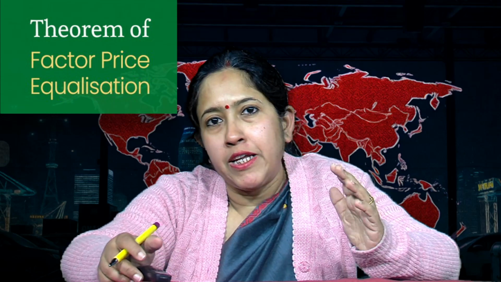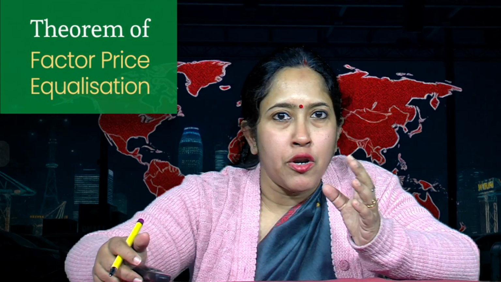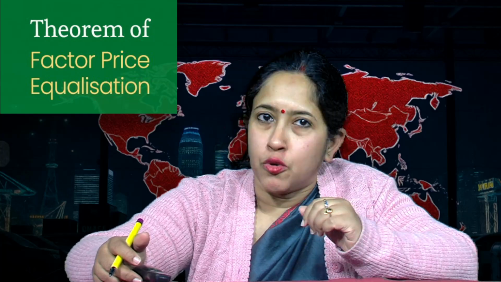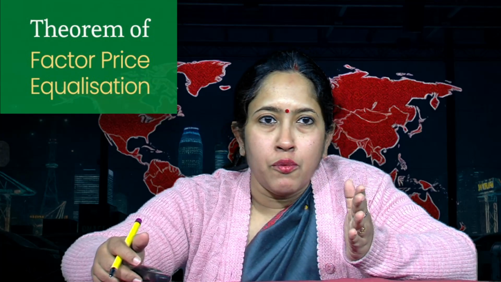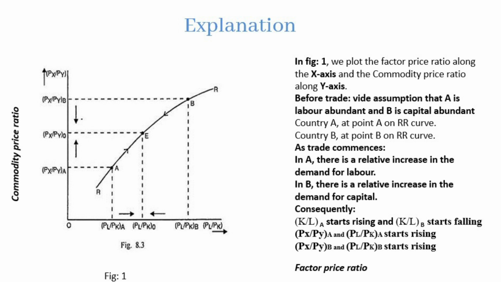Now, let us proceed to a diagrammatic representation of what we have understood so far. So, in this figure 1 that we are seeing, we are plotting the factor prices and the commodity prices in the two axes. As we can see, in the x-axis, we are plotting the factor price ratios, and in the y-axis, we are plotting the commodity price ratios in the two countries.